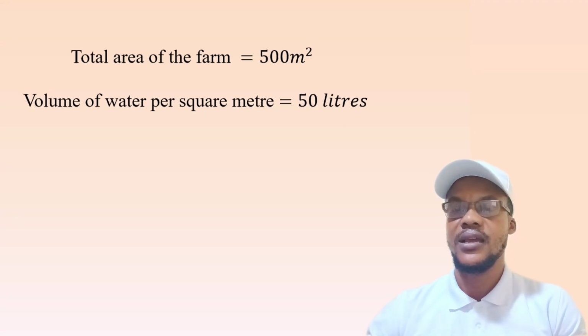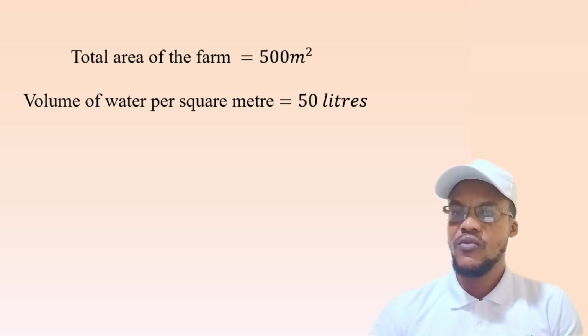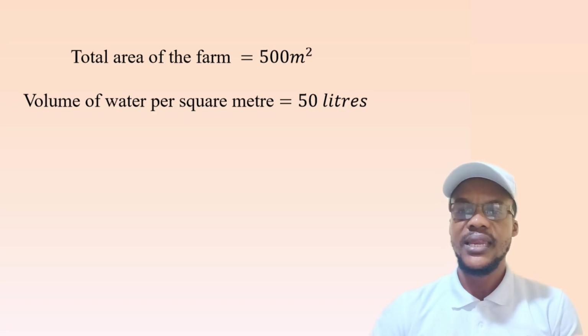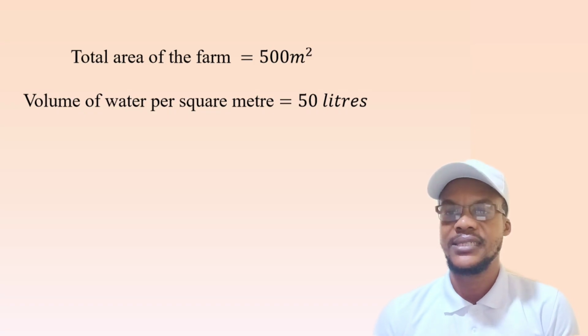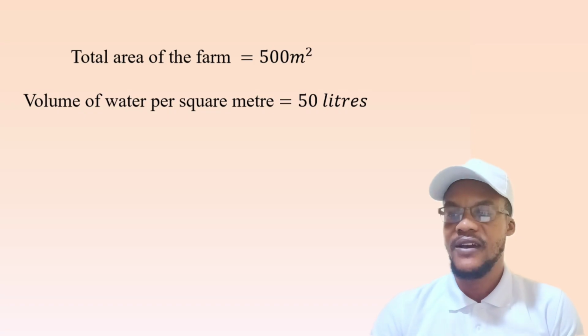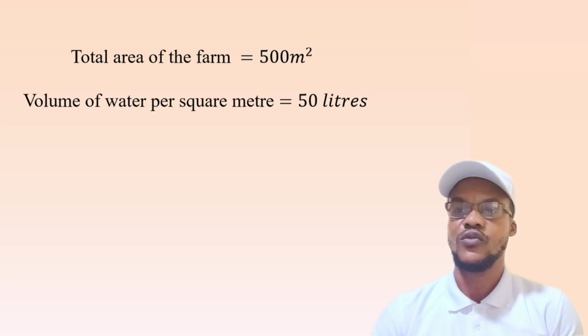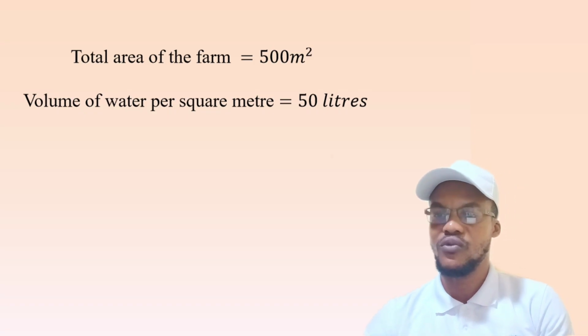And the volume of water per square meter is 50 liters. So every square meter of the 500 meter square needs 50 liters of water to do the irrigation process.